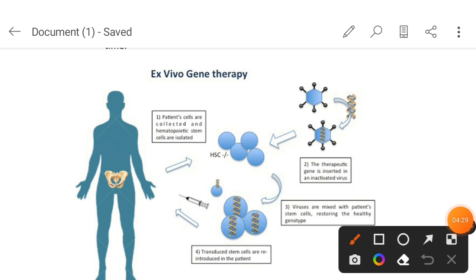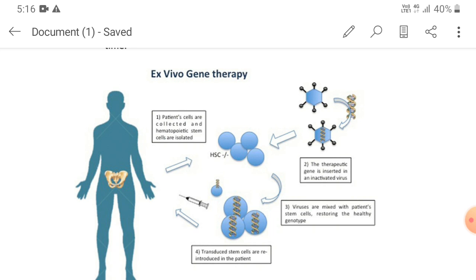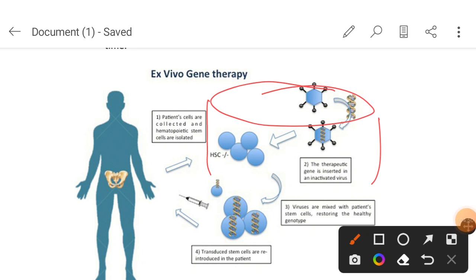Remember another important thing, that ex vivo gene therapy is only used for those kinds of cells that can be easily isolated, for example tissue containing skin cells or hematopoietic cells. After isolation of those cells, we will grow them in a culture medium. Then we will cause the transformation with the therapeutic gene with the help of an inactivated virus, or we can also use another kind of system.